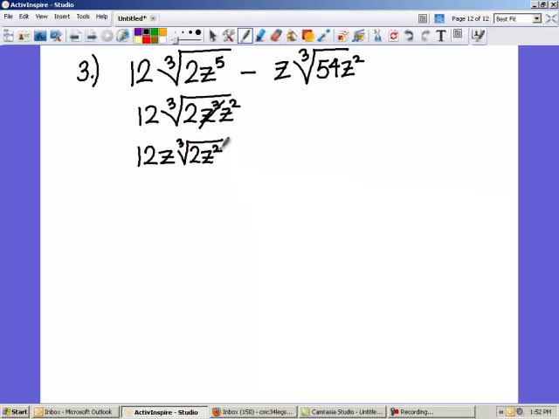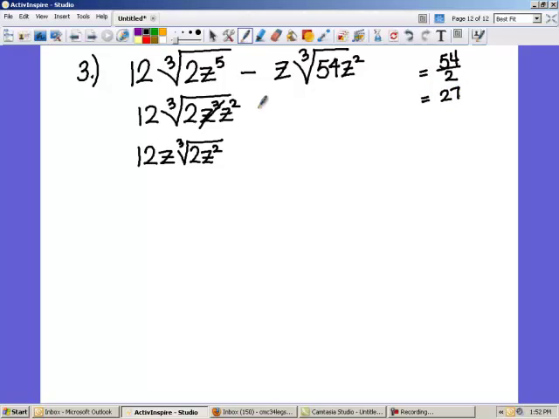Okay, so now I have a z, and I have a 2z squared over here under the cube root. And if I look over here, I do have a z, but I have 54z squared, and I need 2z squared. So let's just go ahead and divide 54 by 2. You could do that in your calculator. And when you do that, you get 27.